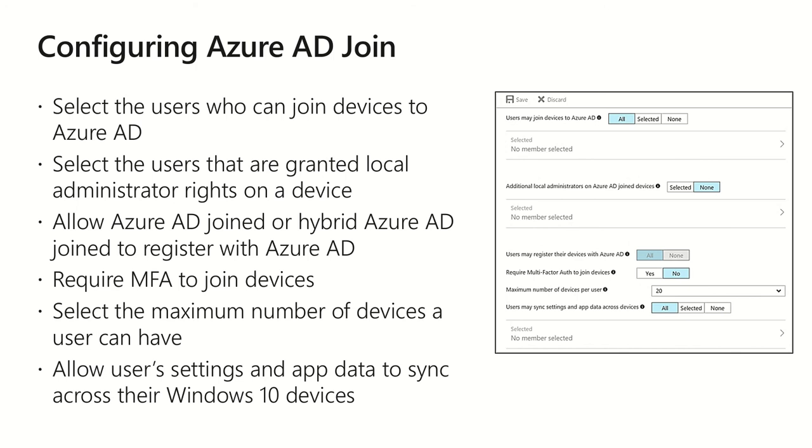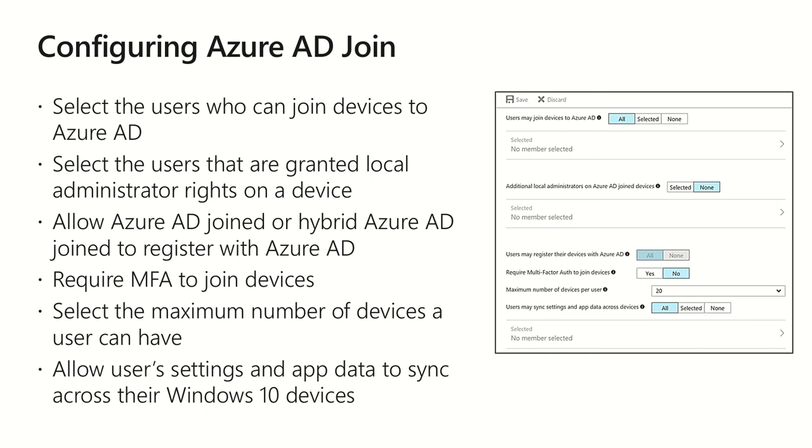So let me explain each one. The first one: this setting enables you to select the users who can join devices to Azure AD. The default is all, as you can see here. This setting is only applicable to Azure AD join on Windows 10. You can't see it here, but I think if you click the information logo, it will show.